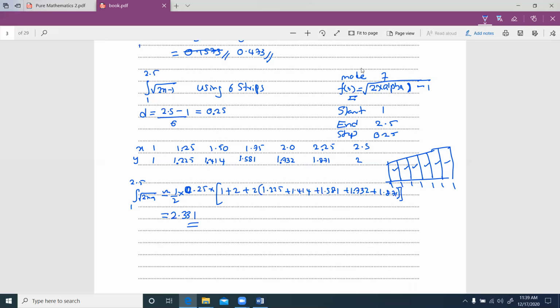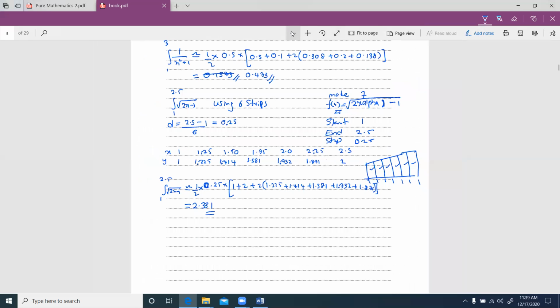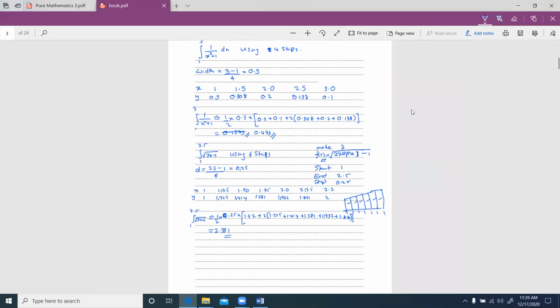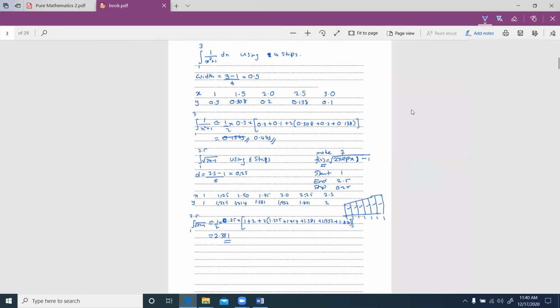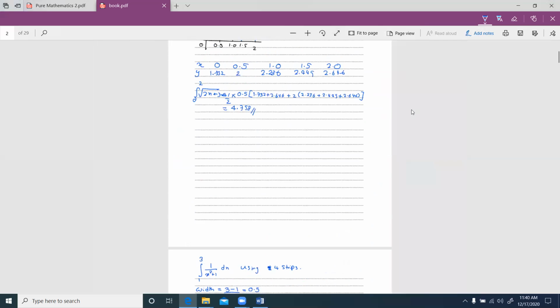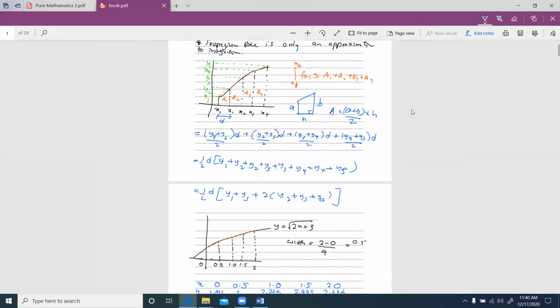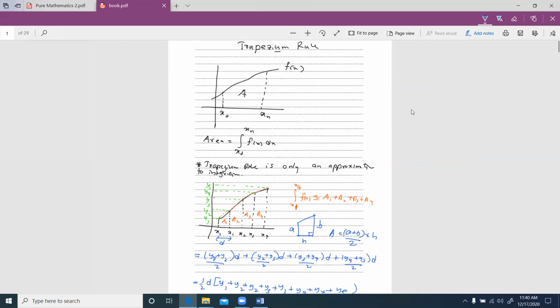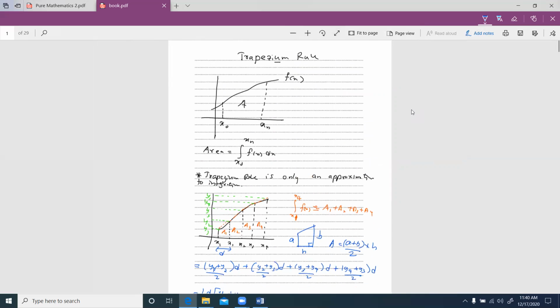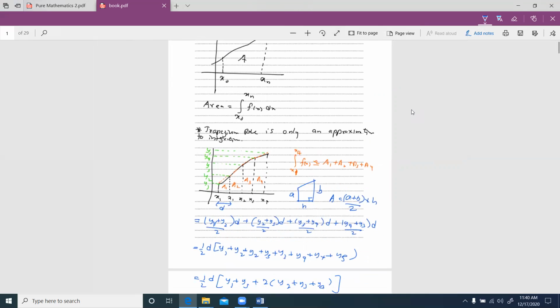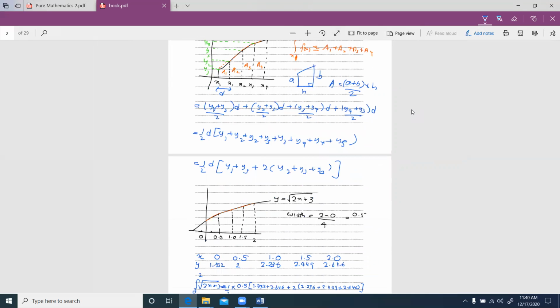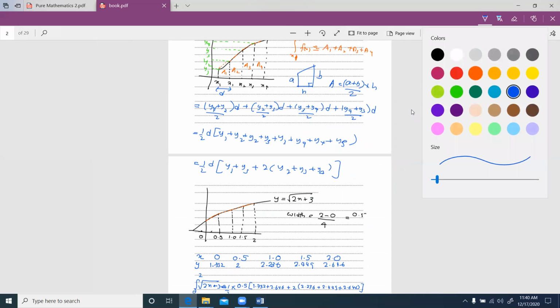This is the way you can do this kind of question. These are the steps you have to follow to get this answer. This is the theory where we need to understand the trapezium rule. This is the base; you should know this formula.